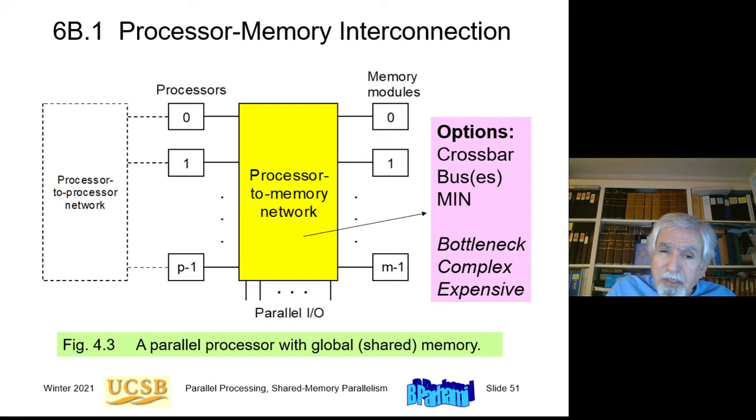And then the processors can access memory banks simultaneously, and the processor to memory network provides this capability for multiple processors to access multiple memory banks. In the simplest case, the processor to memory network is just a single bus, or perhaps a few buses. Now we can get away with this because the bus bandwidth is much larger than the memory bandwidth.